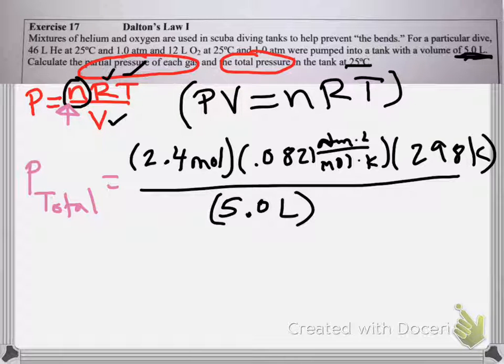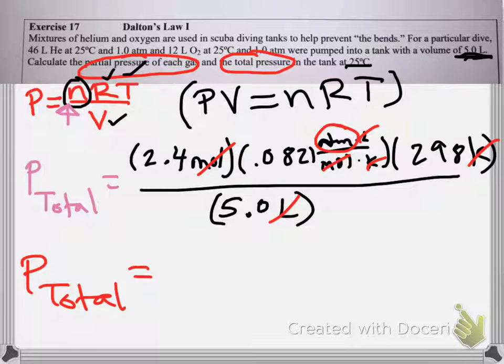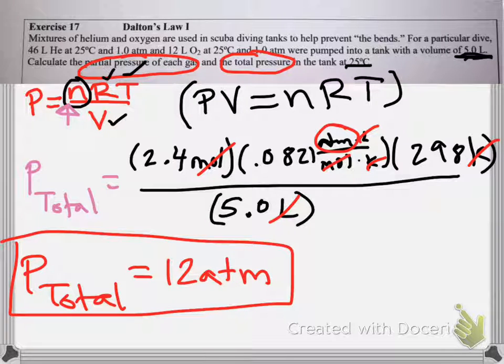When we look at this problem, we see that liters cancel out, moles cancel out, Kelvin cancels out, so we will be left with atm, which is our unit of pressure, so that's wonderful. Once we put all that into our calculator, P total should equal about 12 atm. That's the answer to one of these questions. That is our total amount of pressure that's in this tank.